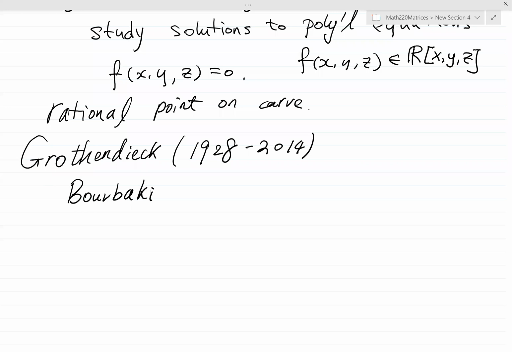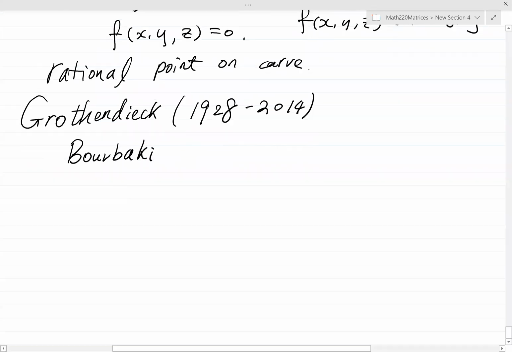So Grothendieck used category theory to completely rewrite the language of algebraic geometry. In some sense, Grothendieck is really influential in 20th century mathematics. Many problems like Fermat's last theorem are actually solved using this kind of Grothendieck-style language, Grothendieck tools. Today we cannot imagine how mathematics would look without these tools.